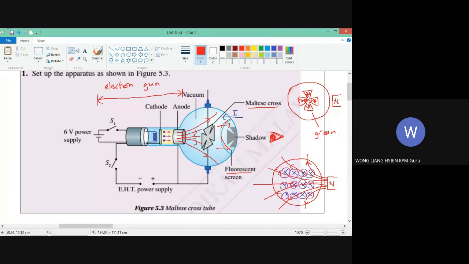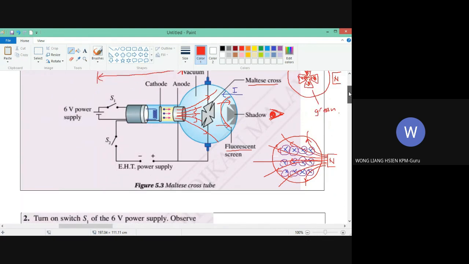So this magnetic field from the flying electron will interact with the magnetic field from the permanent magnet and will produce a resultant magnetic field. If you still remember, the resultant magnetic field from the interaction between the magnetic field from the current and the magnetic field from the permanent magnet will produce a catapult field.